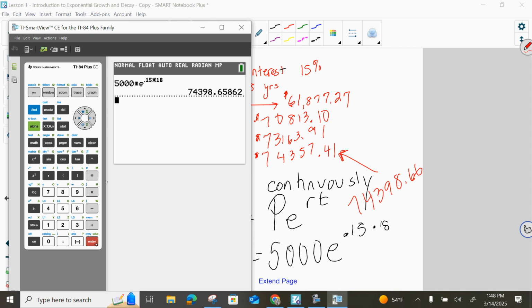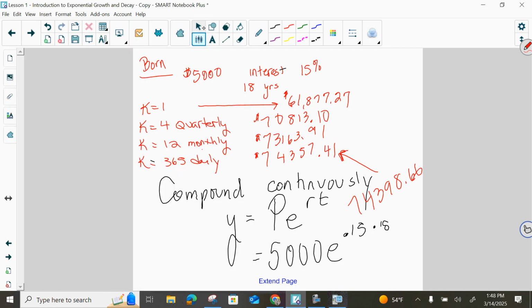Do you think banks would calculate anything continuously? They don't. Do you think banks calculate stuff daily? What do you think they actually do? What do you think they calculate daily? Probably what? So when is it going to be their money?